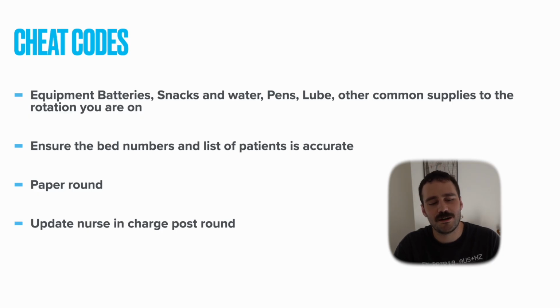The other things are paper rounding and updating the nurse in charge after. And both are quite important, to be honest. Paper rounding is essentially going through the jobs on what was discussed on the ward round themselves. So if patient X needs to be discharged, then you need to do job A, B, and C to get them out of the hospital, and then they can be signed off.